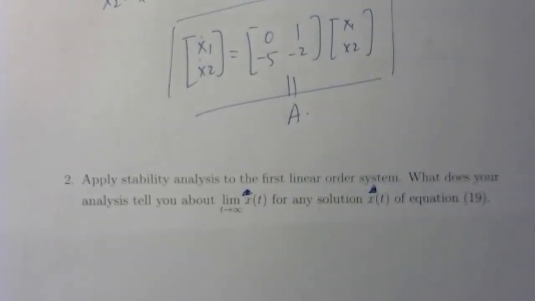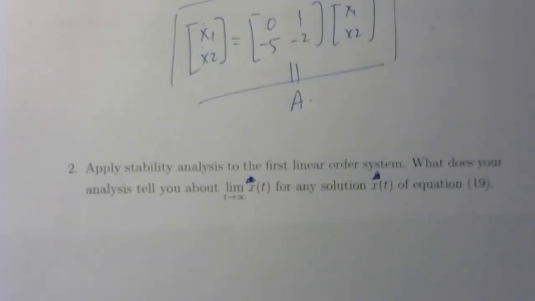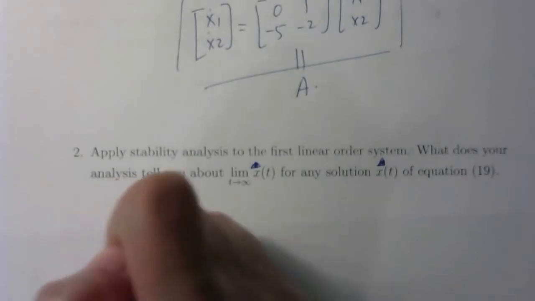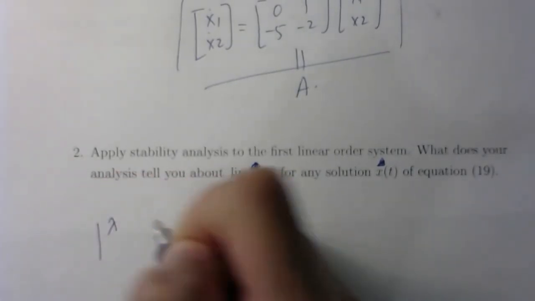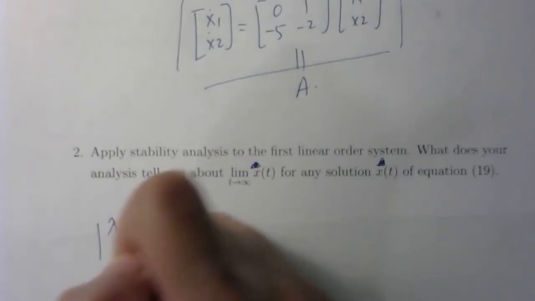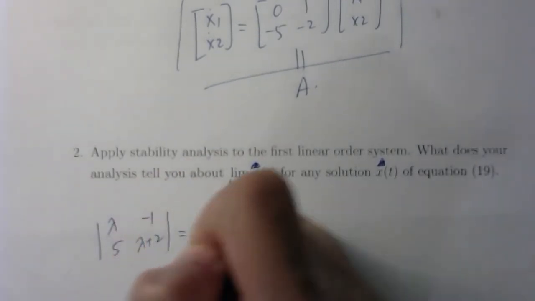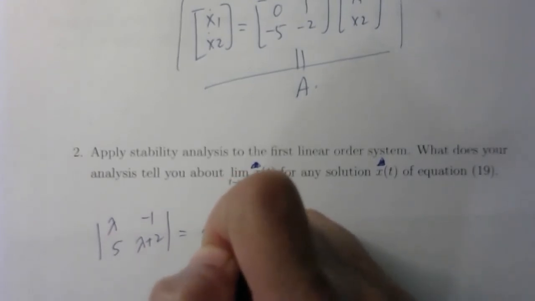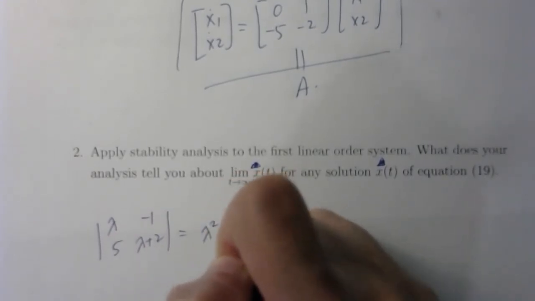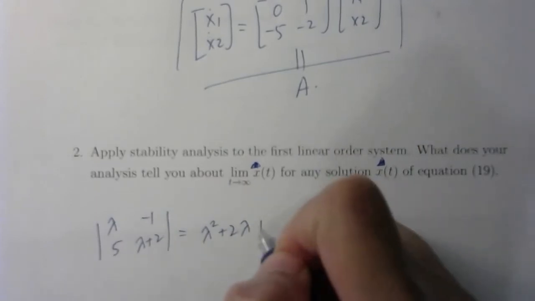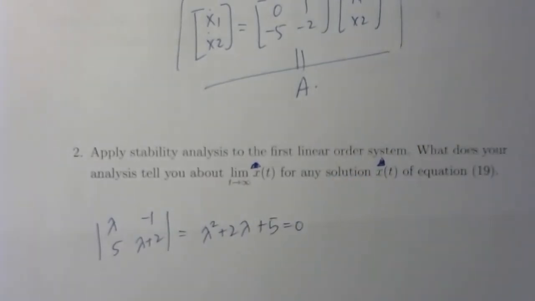Call it A. So as with everything in this class, let's find the eigenvalues of A. So lambda minus 0, minus 1, minus 5, lambda plus 2. So I have lambda squared plus 2 lambda plus 5 is equal to 0.